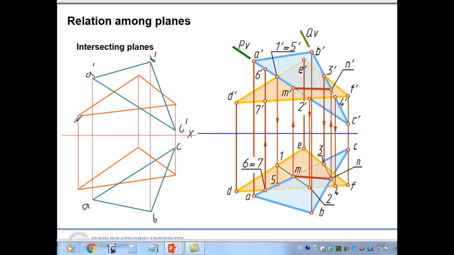And D dash, E dash, and F dash. D, E, and F.